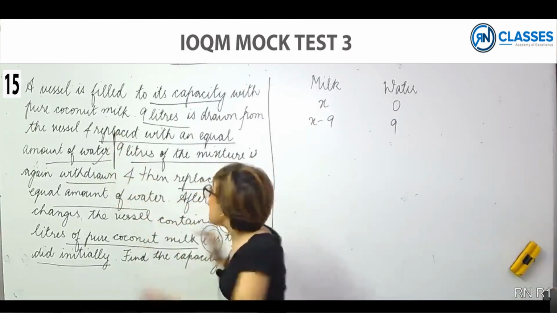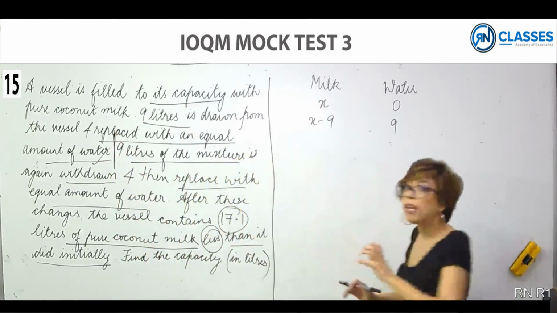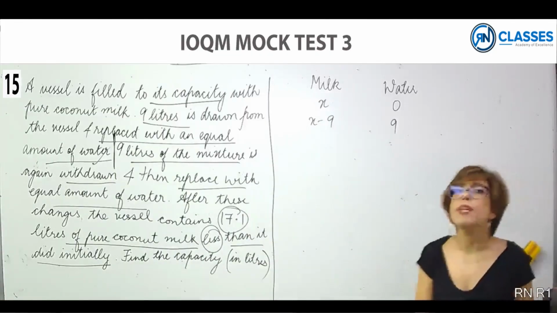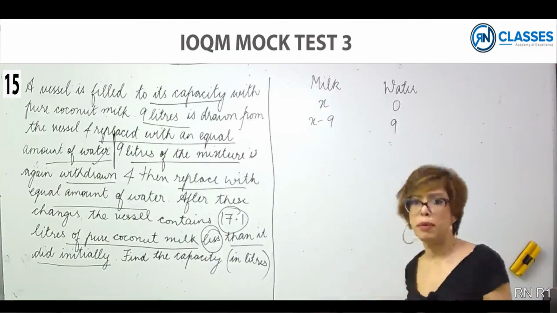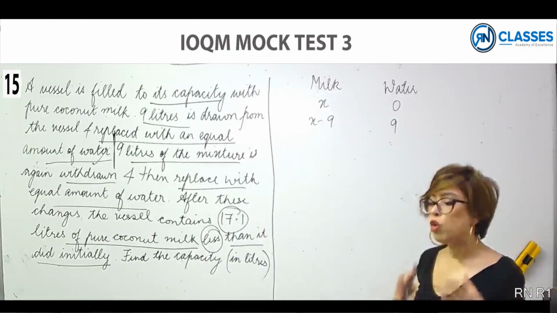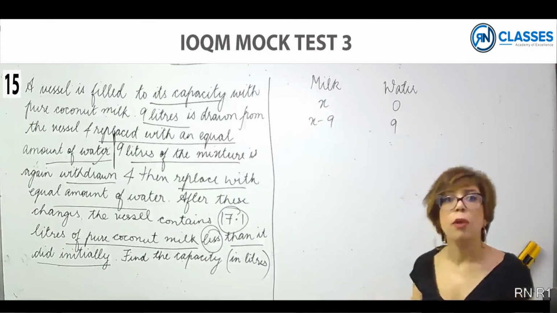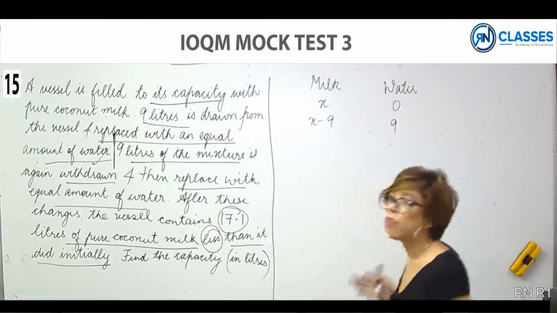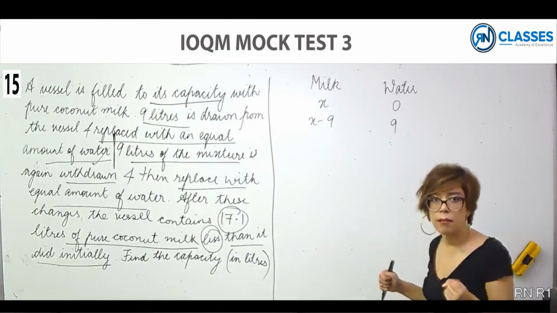Now, he says 9 liters of the mixture. Right? Now, there is a mixture. Since we are going to talk about the mixture, let me talk about milk as well as the water. If we want to talk about them individually, I will talk about parts of them. How many parts of milk are there? How many parts of water are there? Right?